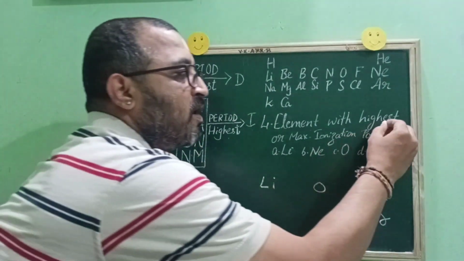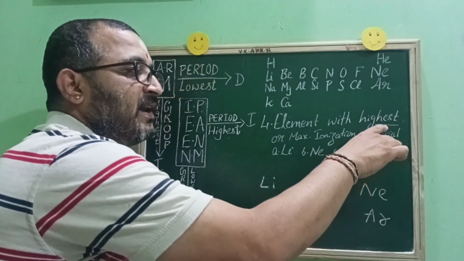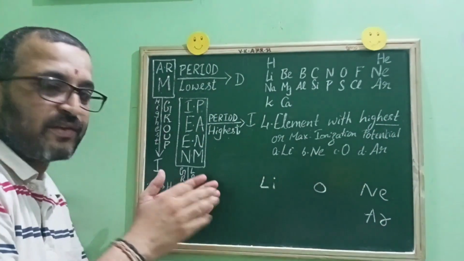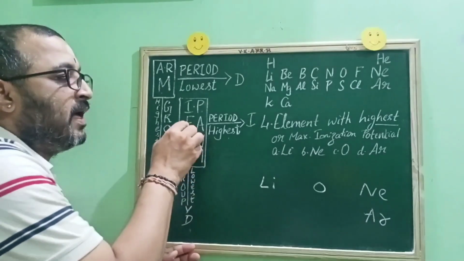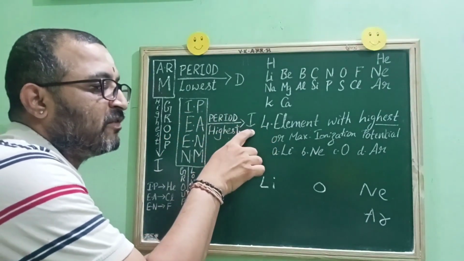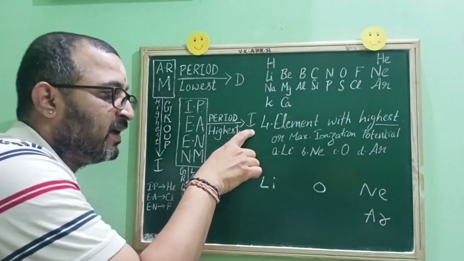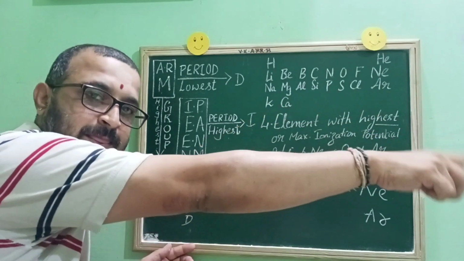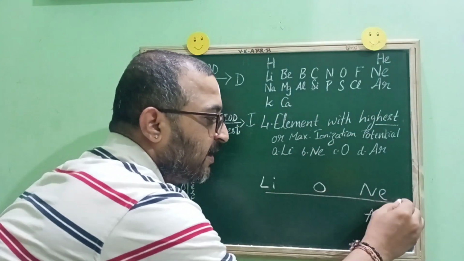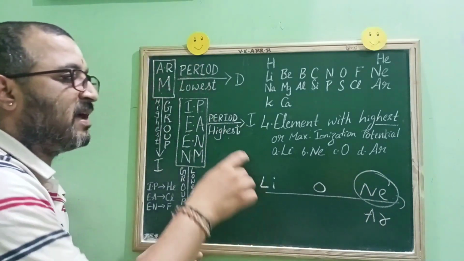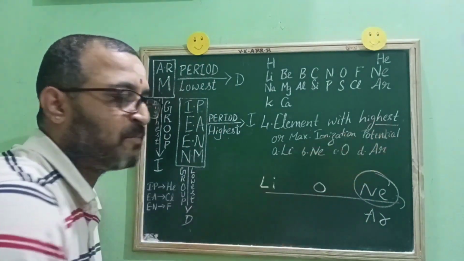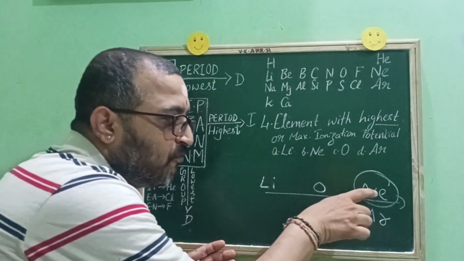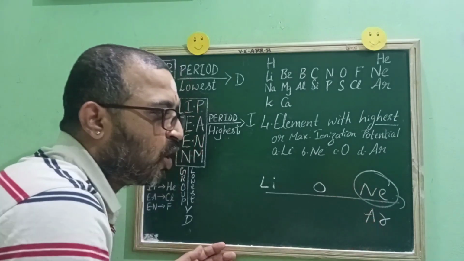Now we should look for the element which is having what ionization potential? Highest. Now first we will see across the period. Across the period, the ionization potential is going to what? Increase. Means the one with the highest value will be on the right hand side. So in that case, neon is the one having the highest ionization potential. Now we have to compare neon and argon.